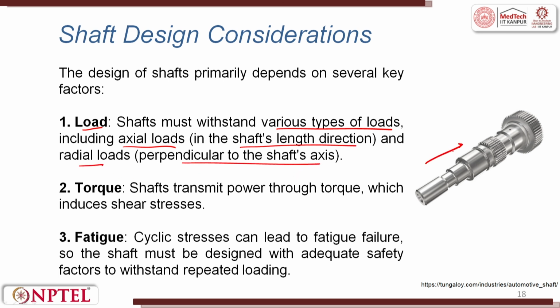So in this direction it is axial, in this direction it is radial. Torque. Shafts transmit power through torque, which induces shear stresses. Fatigue. Cyclic stresses can lead to fatigue failure of the shaft. This must be designed with adequate safety. This is discussed when we talked about the shaft.